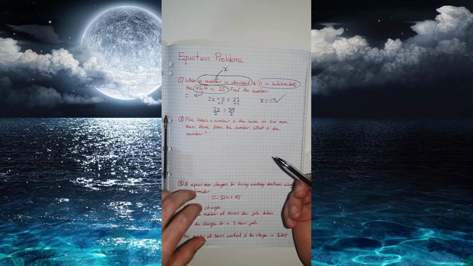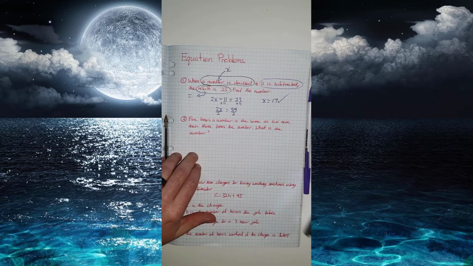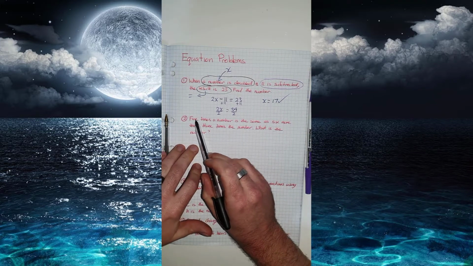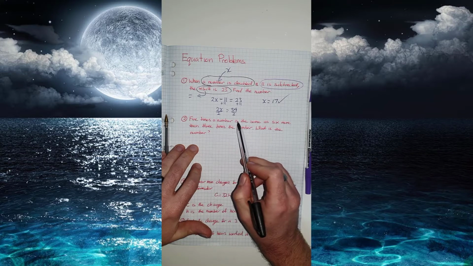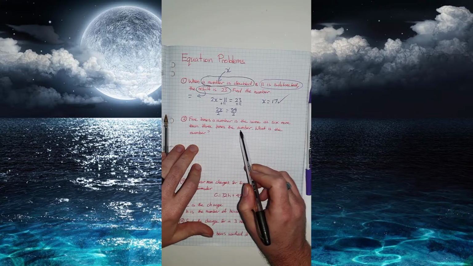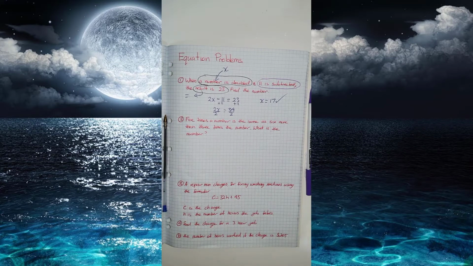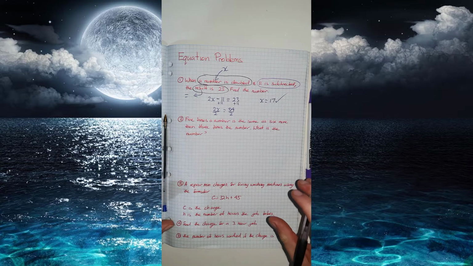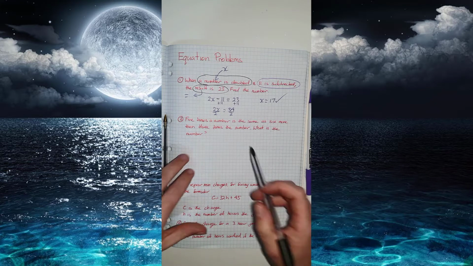Okay, so again, getting out our different colored pens: 5 times a number is the same as 6 more than 3 times the number. Now this sounds really complicated. It's really not. You just need to circle the relevant terms to break down this sentence into its manageable parts.